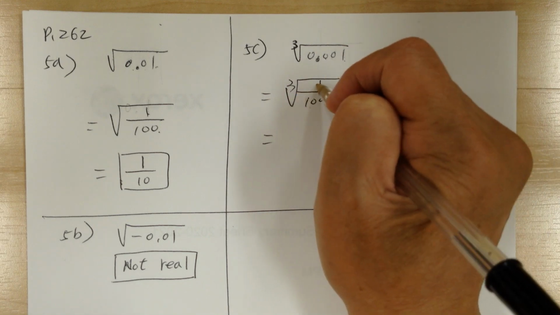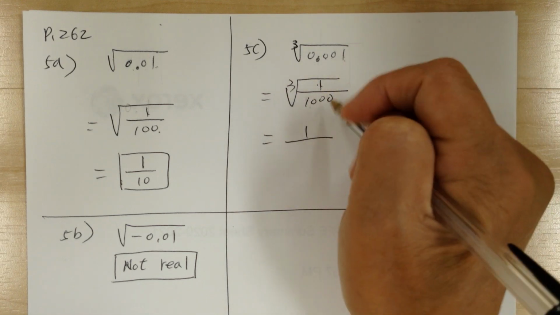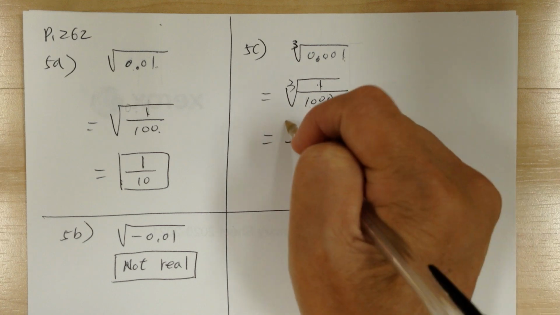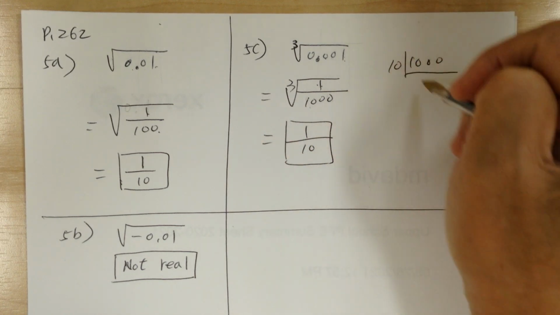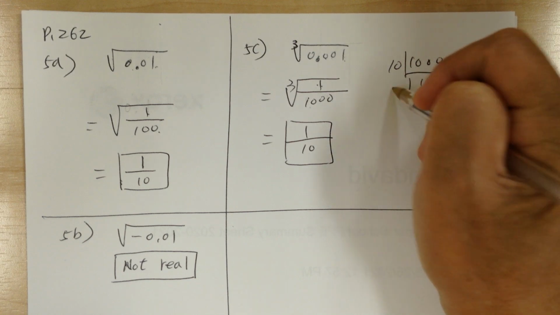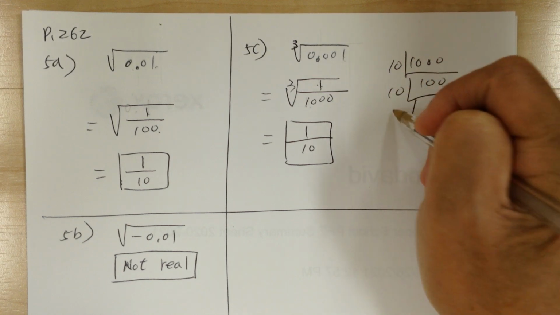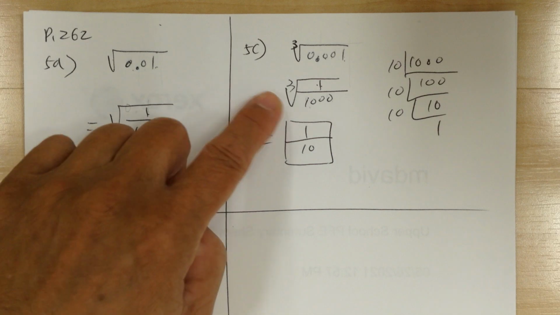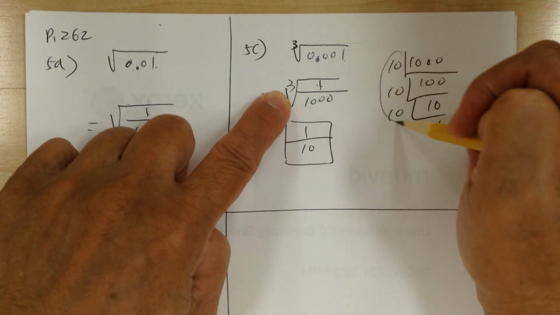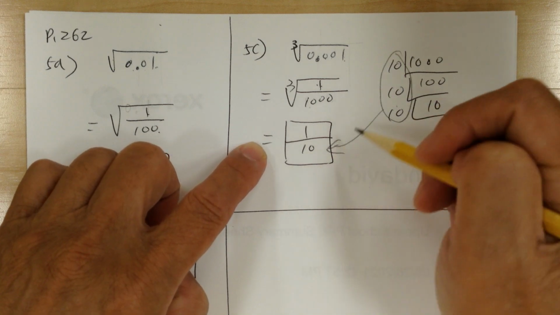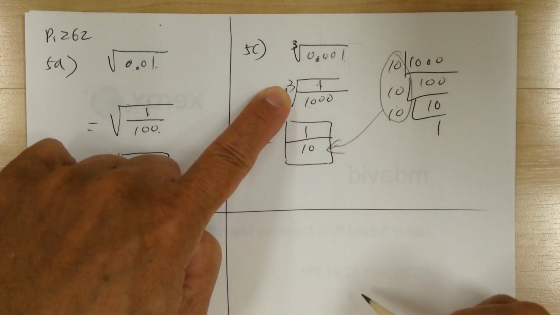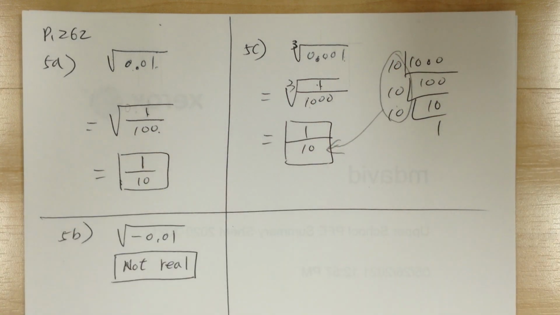The cube root of 1 is 1, and the cube root of 1,000 is 10. You can break 1,000 into 10, so it would be 100, break into 10 would be 10, break into 10, 1. Again, cube means you need 3 radicands to make 1 integer. That's what the cube root means: 3 radicands make 1 integer.